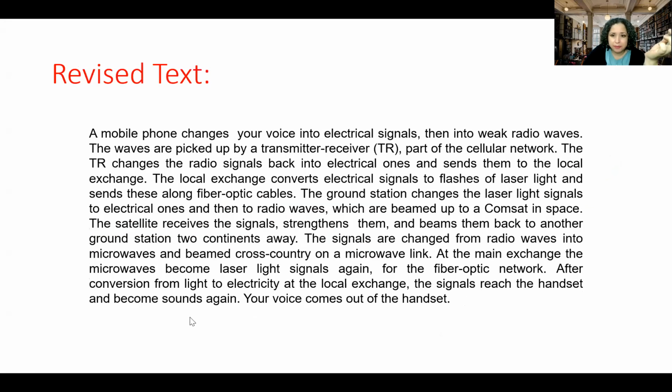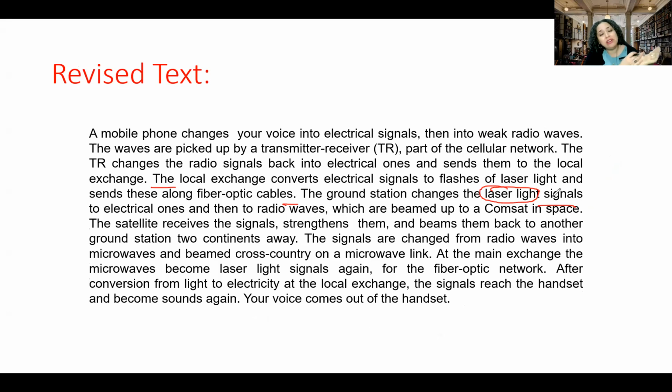So now we have here the same part. The local exchange converts electrical signals to flashes of laser light and sends these along fiber optic cables. You see? It's using the flash, the laser light signals only once.